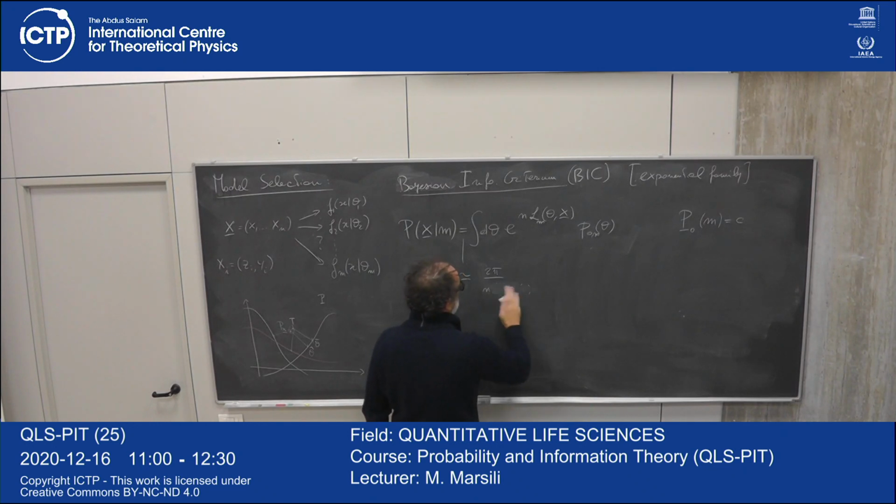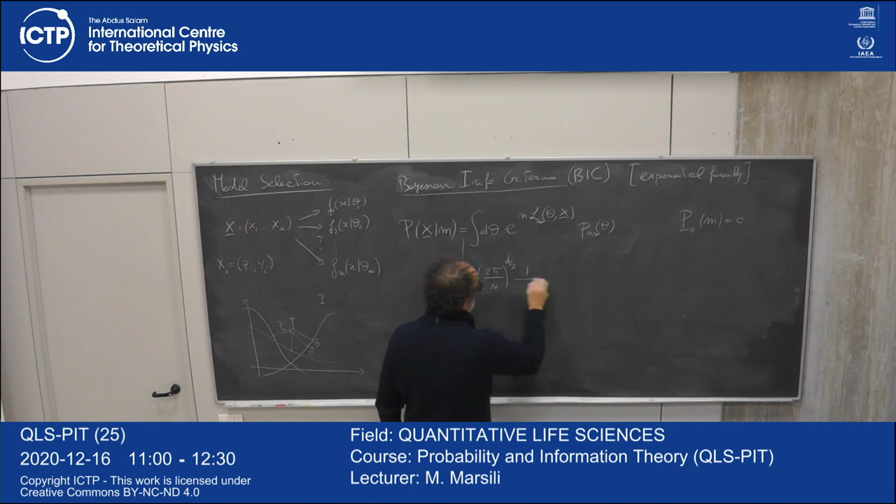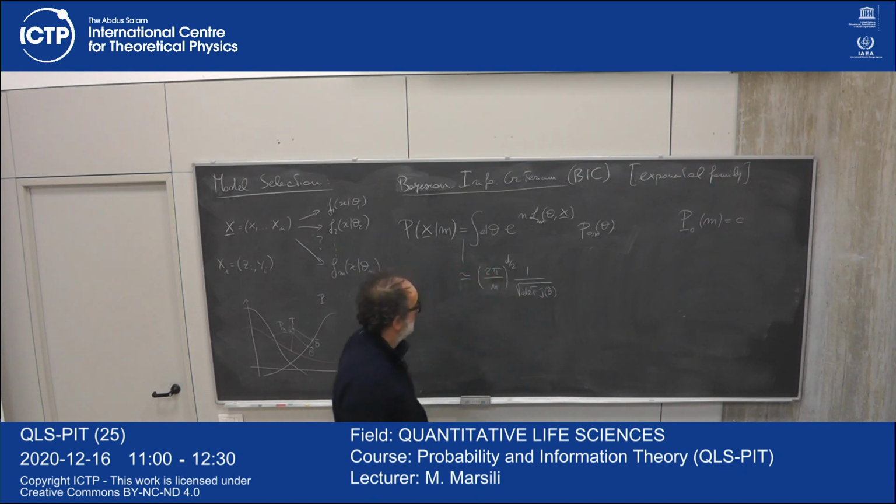So what you get is this factor, because when you change variables in the d-dimensional Gaussian integral you get this factor here. Then you get a factor 1 over the square root of the determinant of J, computed at the maximum likelihood parameters.